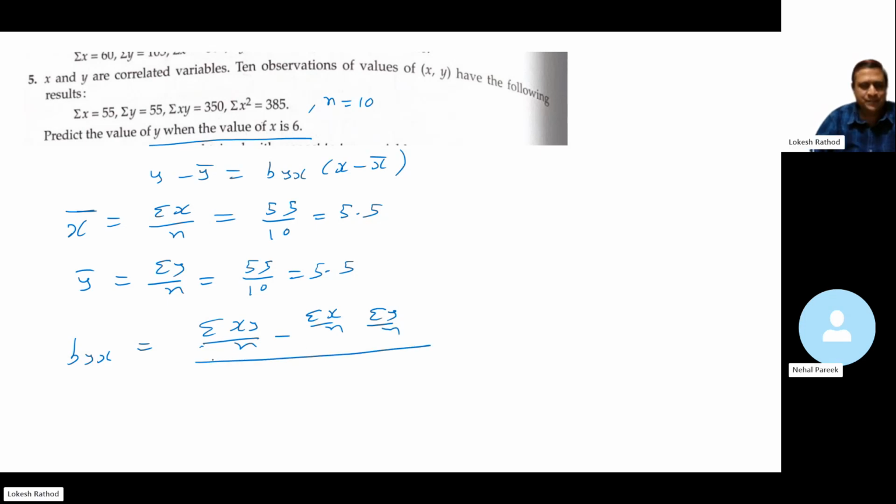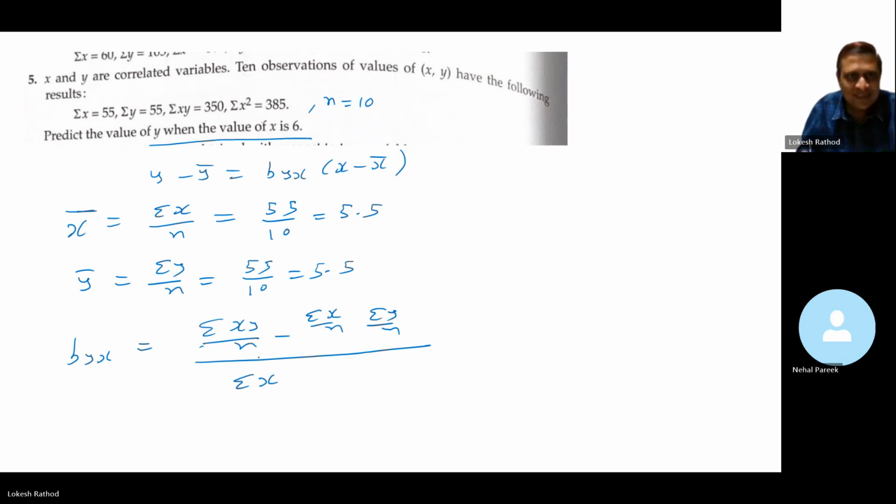And then the denominator would be variance of x. So sigma x minus x bar whole square over n. Is sigma x minus x bar given in the question? No, it is not.